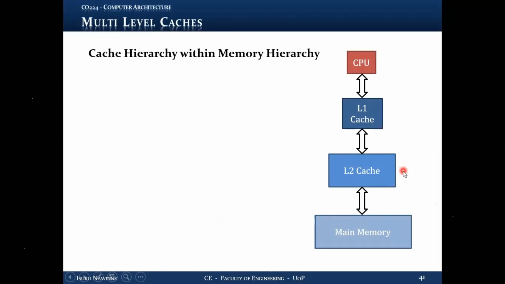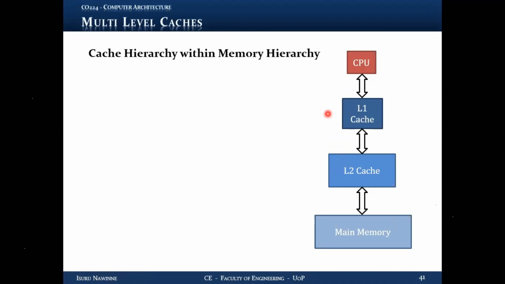Within our memory hierarchy, you create a cache hierarchy, where in the place where we had a single cache between the CPU and memory, we add multiple caches. So I'm pretty sure you have heard terms like level 1 cache, level 2 cache. There are level 3 caches and so on.